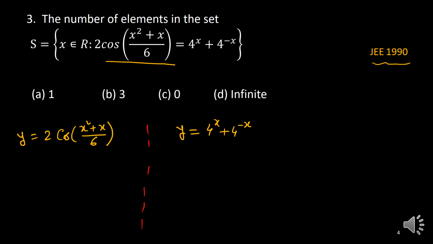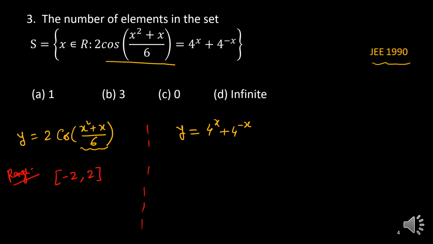Now y equals 2 times cos of x square plus x by 2. Again, whatever the angle is, cos theta is bounded between plus 1 and minus 1, like sine. Thus the range of this y is similar to earlier: 1 into 2 is 2 and minus 2, so minus 2 and 2, both included.